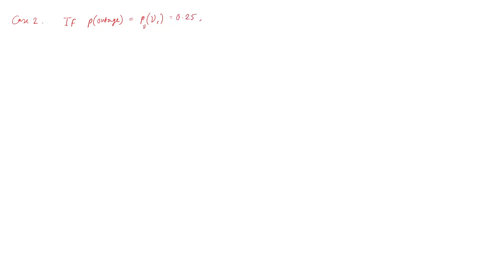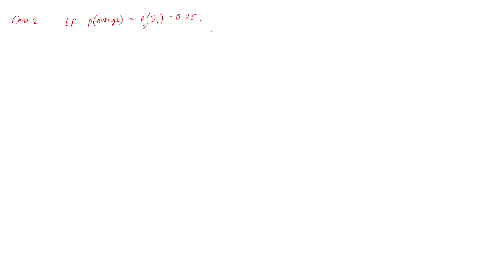So we are agreeing to tolerate 0.25 or 25% probability of outage. That is, one out of every four time instants my communication channel will go into fade. We can tolerate that. So the maximum probability of outage that we can tolerate is 0.25.